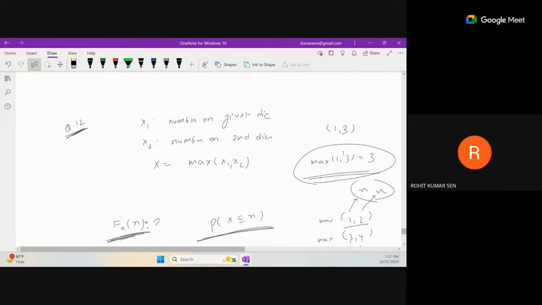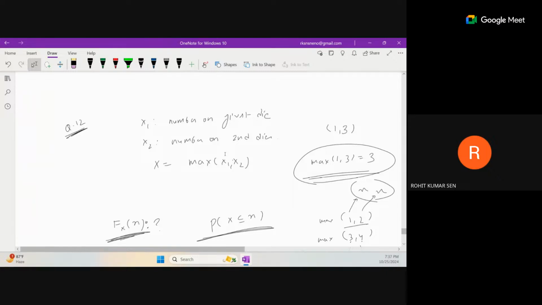Okay, so one thing more, X1 and X2 are independent. You roll the first die, you roll the second die, X1 is the number on the first die, X2 is the number on the second die, and both are independent. Why? There is no dependency between X1 and X2. It is also given in the question, two fair dice you are throwing independently.